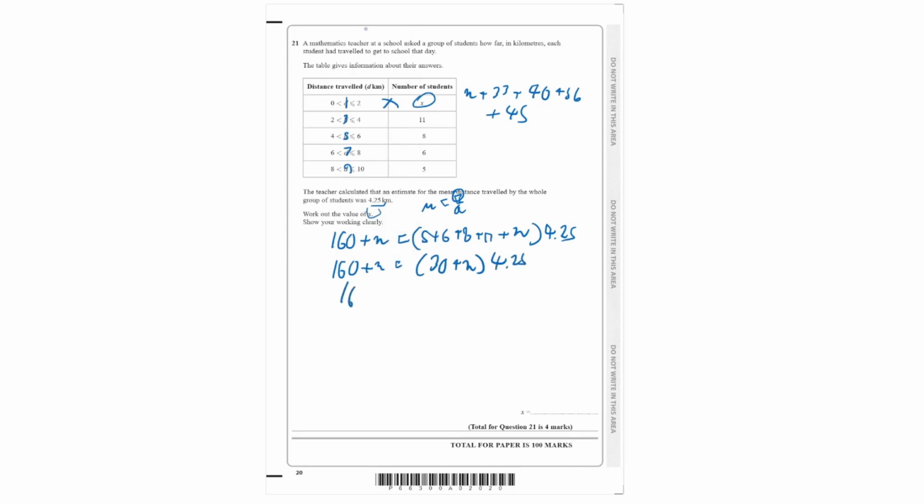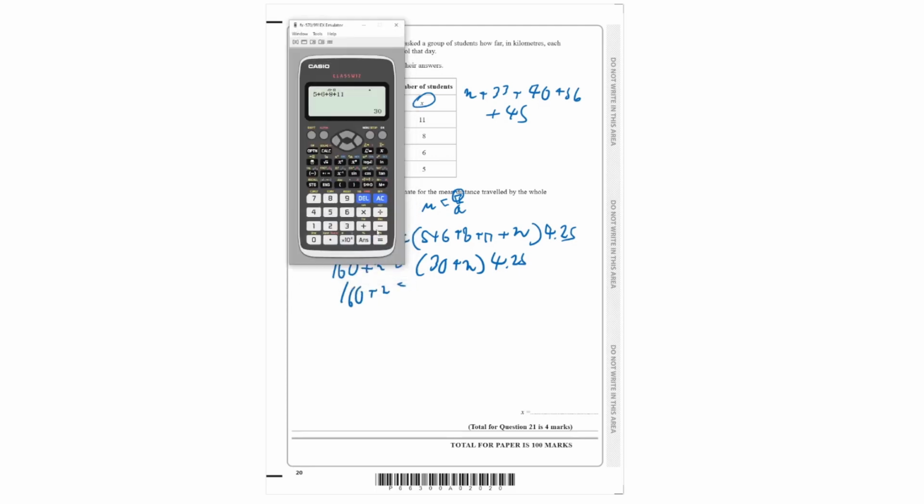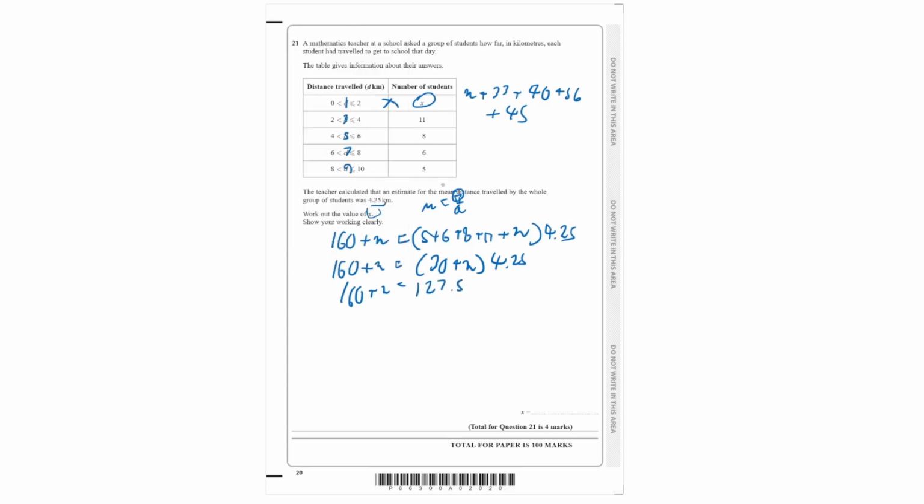And we can simplify this further. 160 plus x is equal to 30 times 4.25, which is 127.5 plus 4.25x. We can bring x to the other side and 127.5 to the other side. So we get 160 minus 127.5 is equal to 4.25x minus 1x.